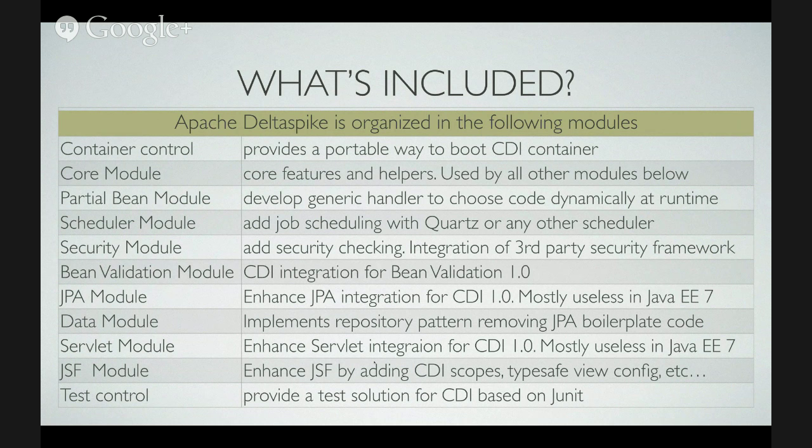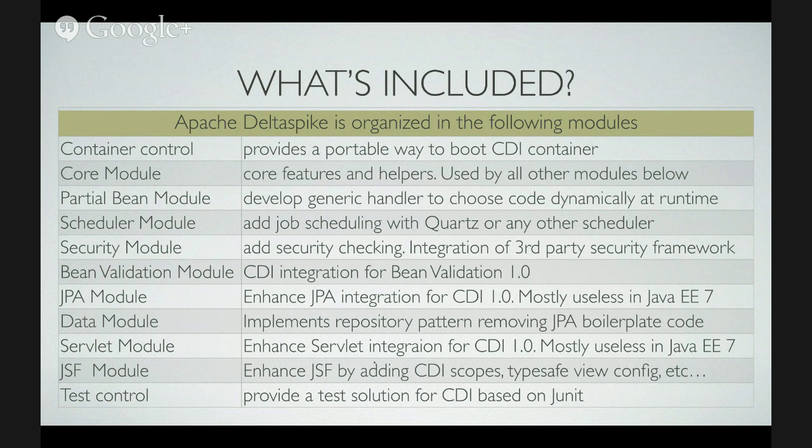Those modules are mainly used for Java EE 6, with bean validation and JPA included in Java EE 6. Most of the features in these modules are now included in Java EE 7. So if you are on Java EE 7, you won't have to use those.